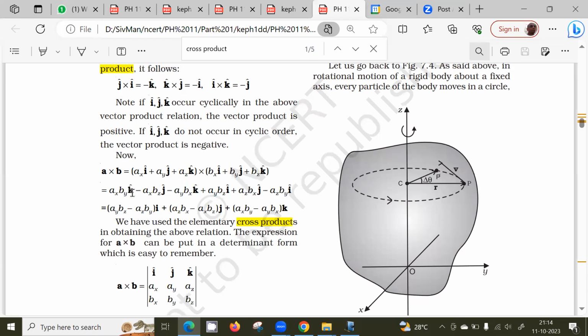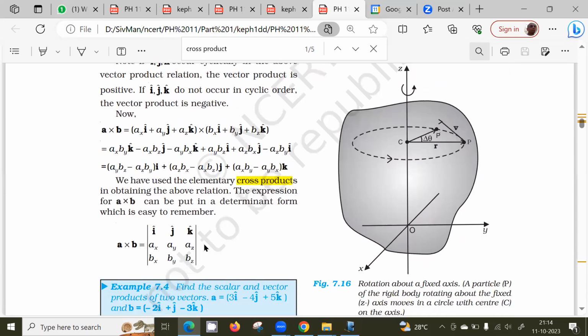After that, I can combine I terms, J terms, and K terms. So I will come out with this one, and this can be written in the determinant form. When I expand this determinant, I'll get I cap into AY BZ minus BY AZ. So the whole thing is written in compact form like this.